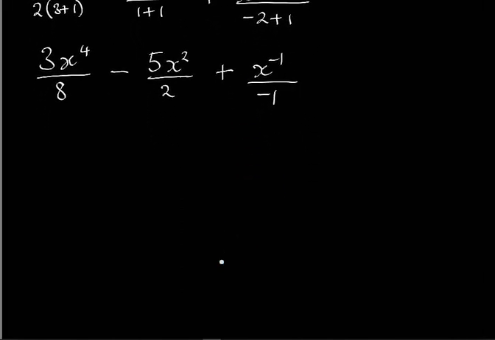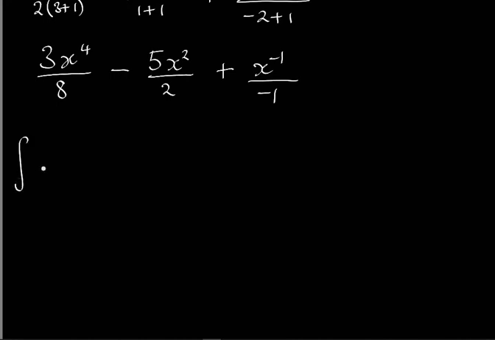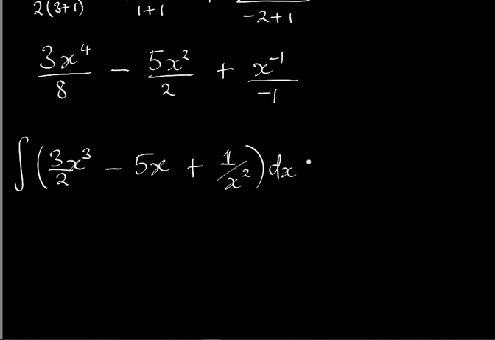Now let me just express it properly. So we have the integral of 3 over 2 x to the power 3 minus 5x plus 1 over x squared dx.